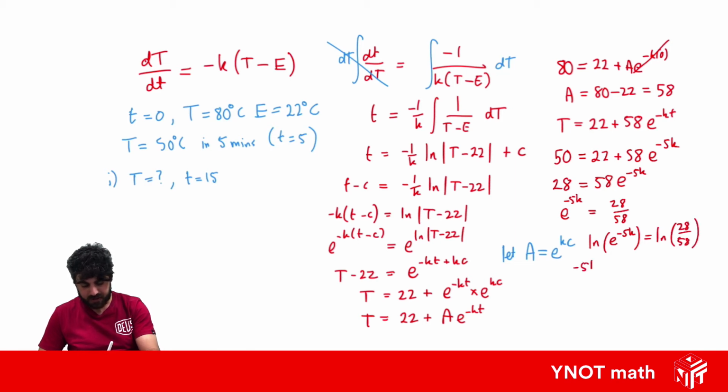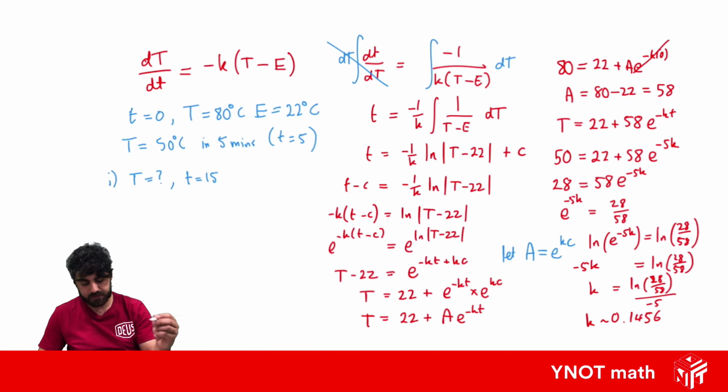This power will come down to the front, and then ln e will be 1. And then divide both sides by negative 5. So we're just going to get the ln of 28 over 58 divided by minus 5, which is roughly equal to 0.1456 to 4 decimal places.